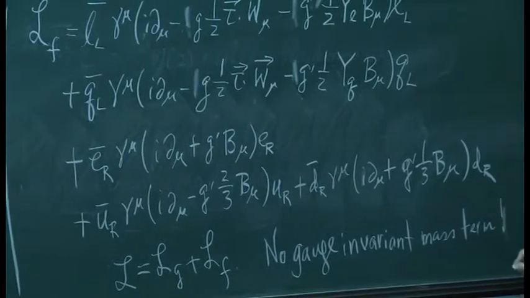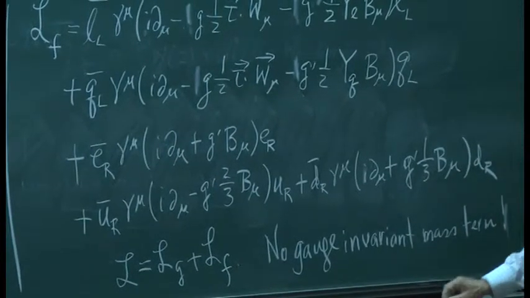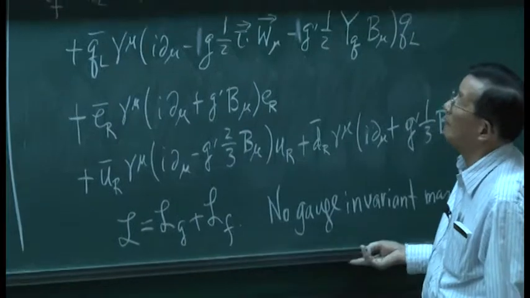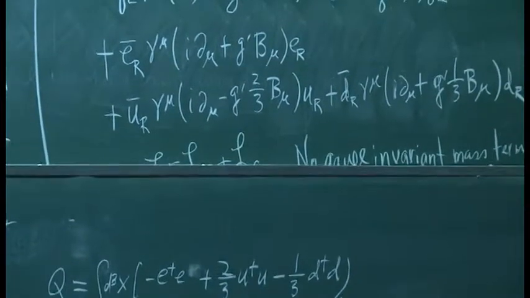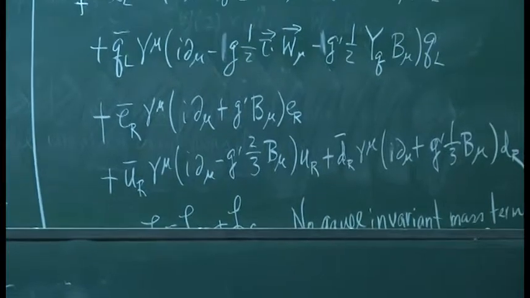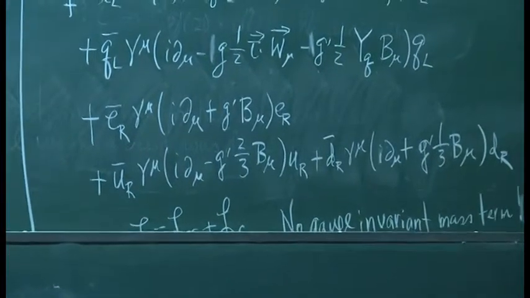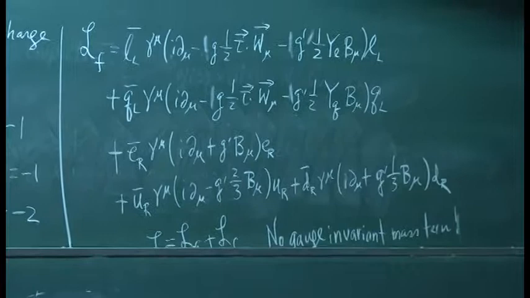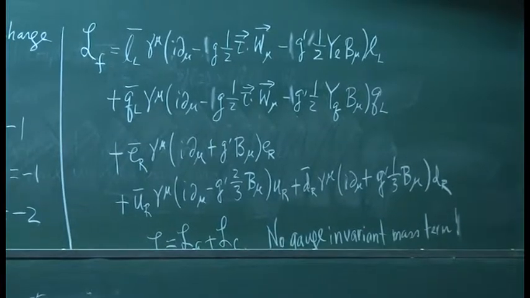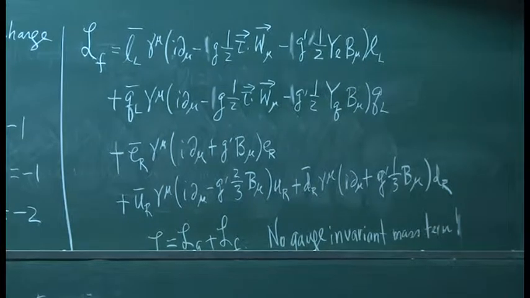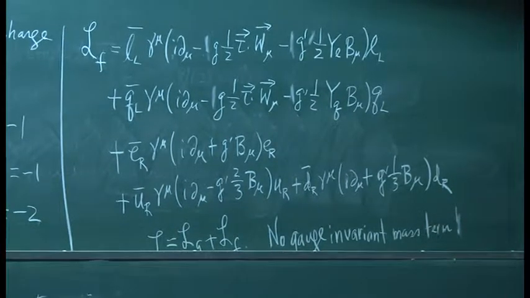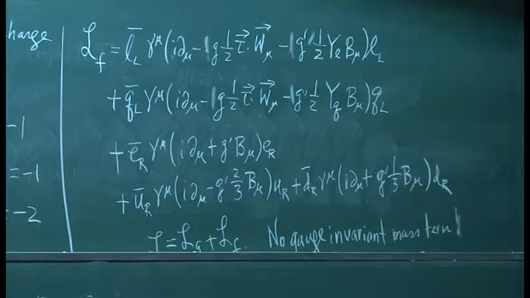Yeah. Well, you know, in order to write down a mass term, you must include the left-handed and the right-handed fermions. And we don't have that.